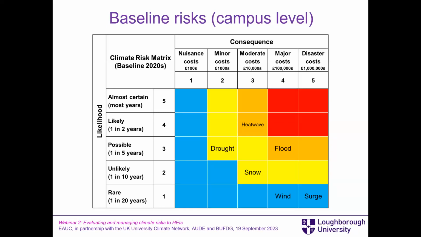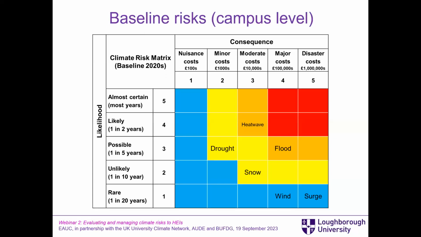So I might refer to my record of historic events and find that when a drought occurs, it happens roughly twice a decade. There's a few additional costs, perhaps in terms of water bills or such like. So it scores as a relatively minor risk.